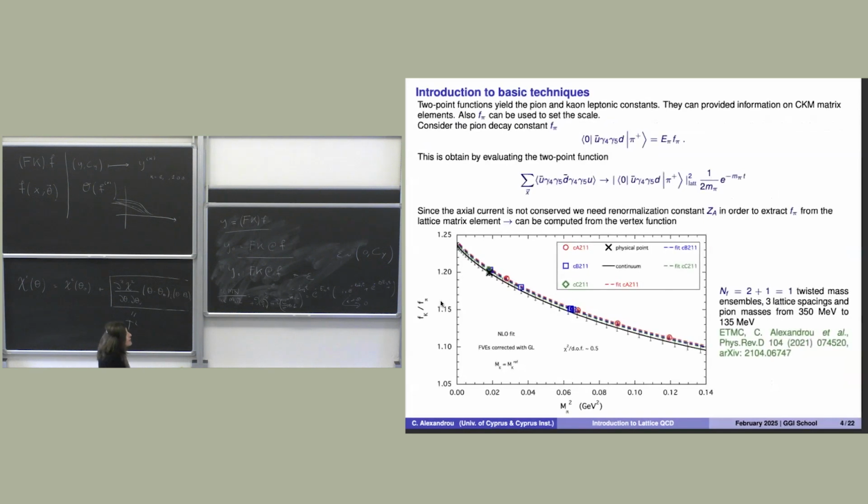Right, so let's see. Introduction to the basic techniques. For example, if I would like to compute f pi, the decay constant of the pion, this is easy because here I have the vacuum, here I have my operator, and here I have my pi plus. This is basically a two-point function in this case. So if I compute this thing here, I get f pi.